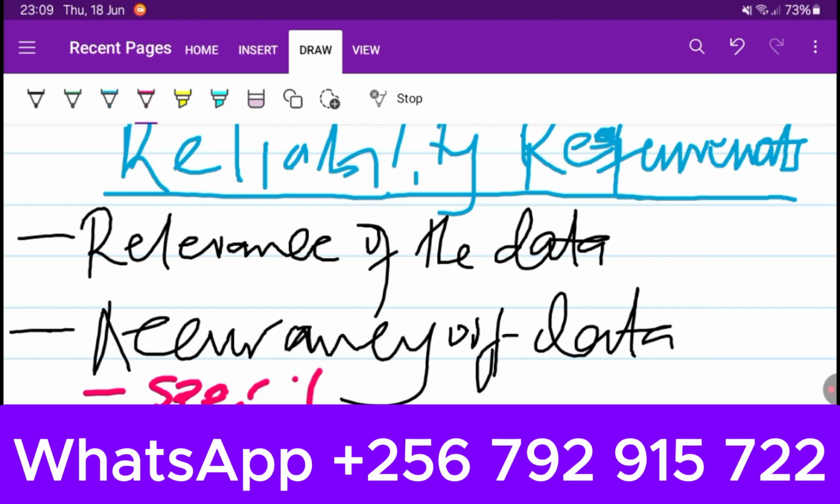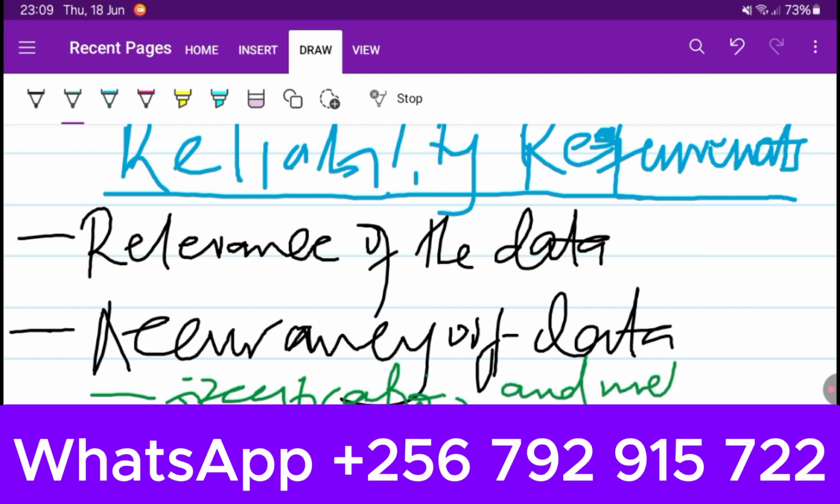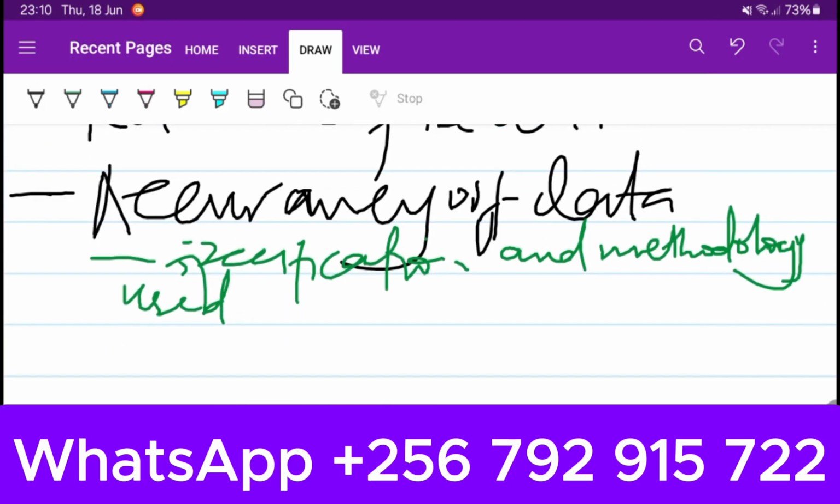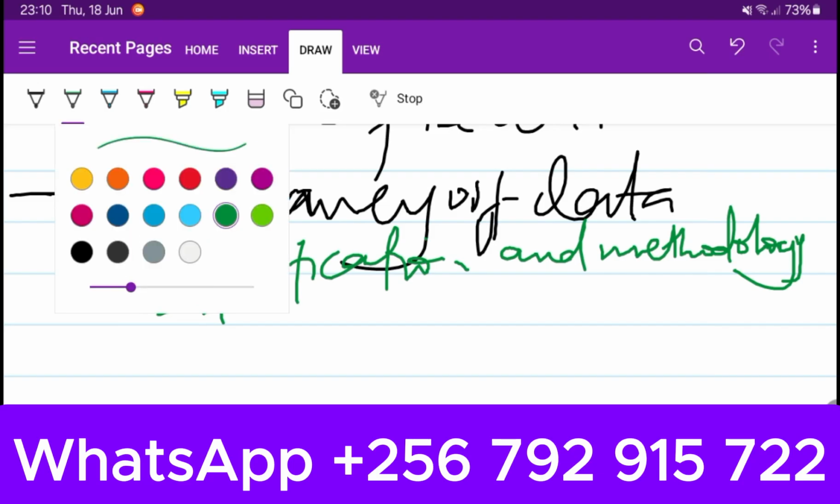Specification and methodology. Methodology used. Of course, these are the ones that are telling you that the data is accurate.